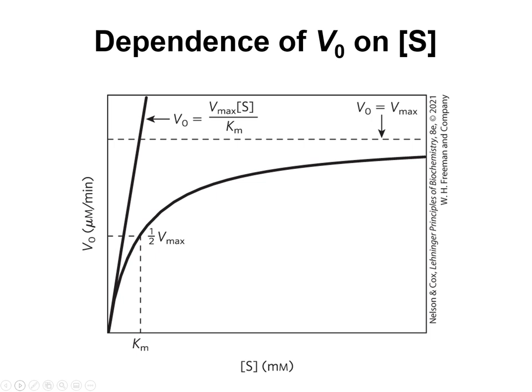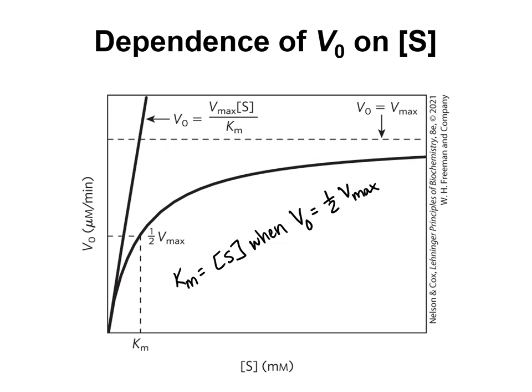This slide will help you understand how all of these things come together and the different equations that we can use. So we already talked about the Km, that the Km is the concentration of substrate when V naught is equal to half the value of Vmax.